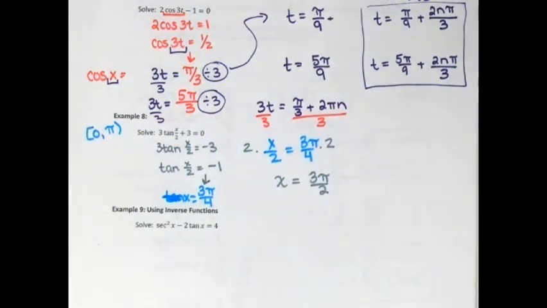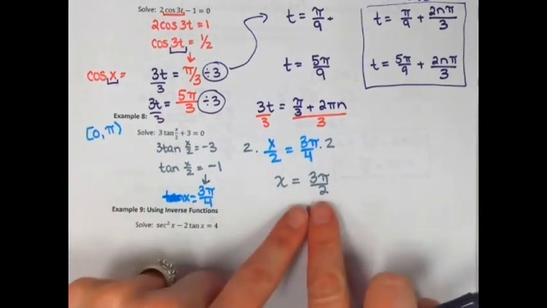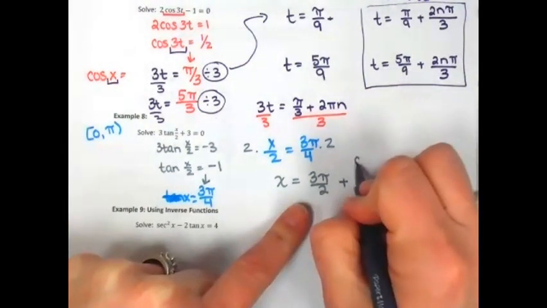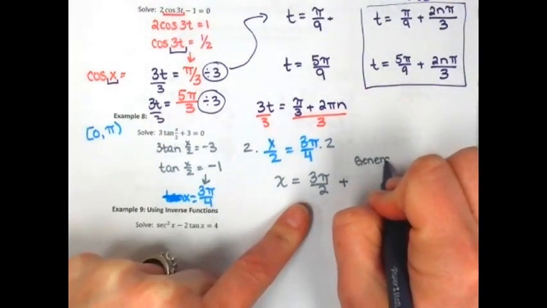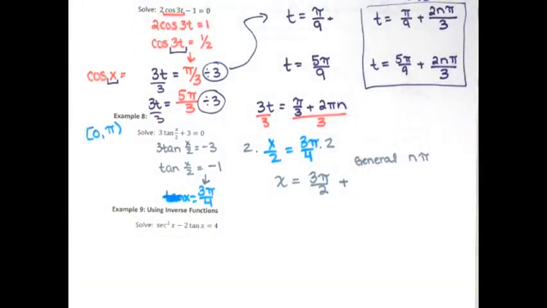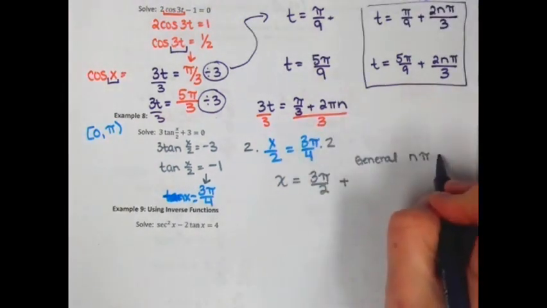Now, that would be in between our interval, right? Or obviously it's not in this case, but looking at this. Now, from this, we have to add on our general form, right? Our general solution form is usually n pi, right? But what did I have to do to this? I had to multiply by 2, so I need to multiply that by 2.